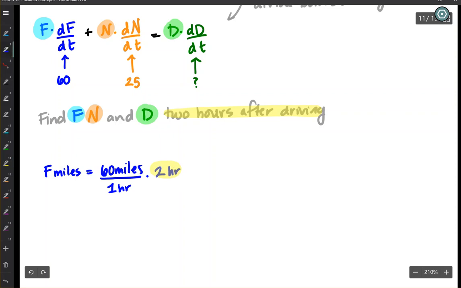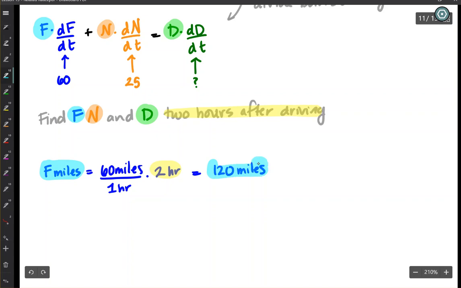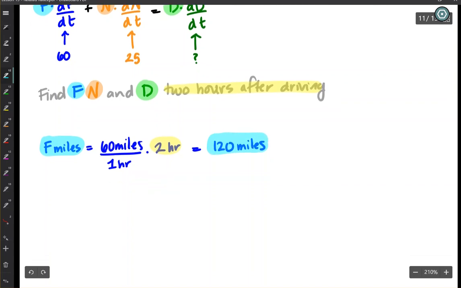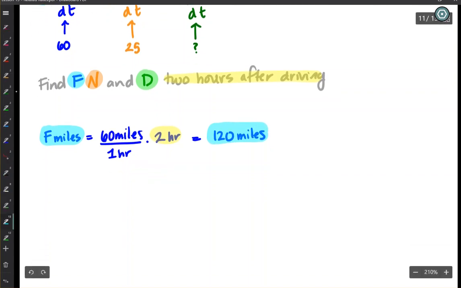Oh, if he's traveling 60 miles an hour for 2 hours, he has traveled 120 miles. That's your big F. The distance that he's traveled after 2 hours.